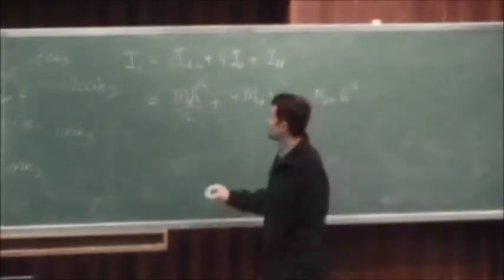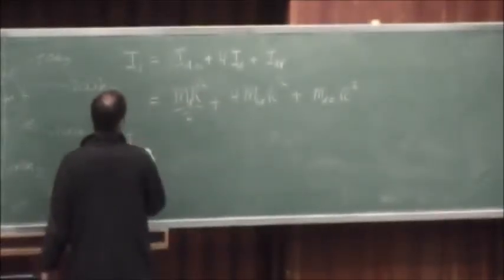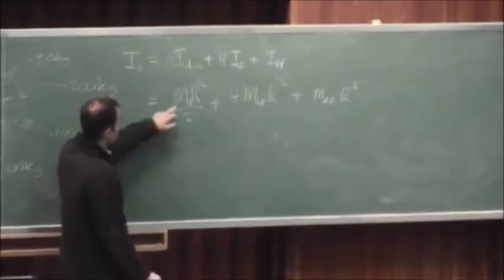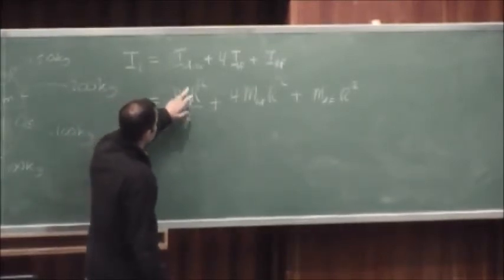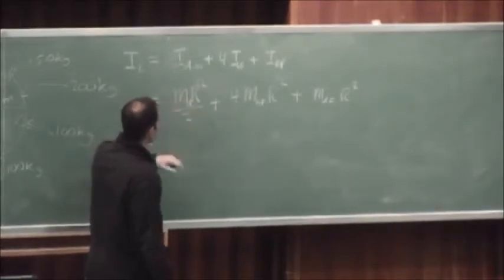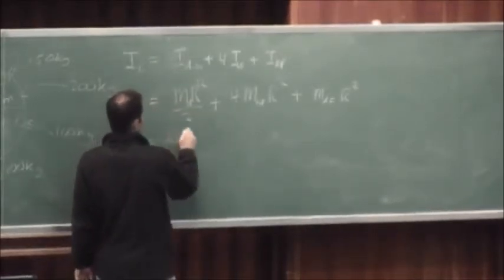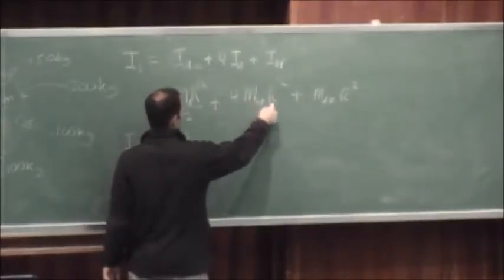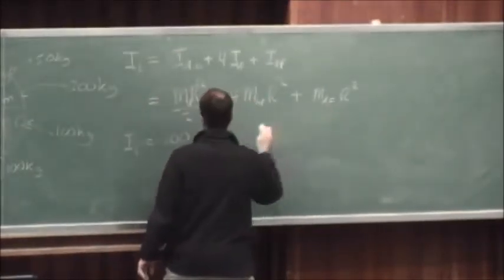Okay, so let's just solve this out. We have 200 kilograms divided by 2, so we get 100 kilograms times r squared, plus 400 kilograms times r squared, plus 50 kilograms.